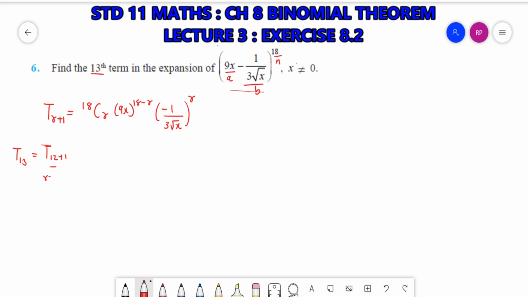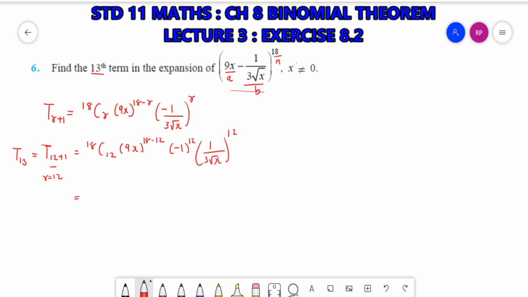So our R is equal to 12. This will be 18C12, 9x raised to 18 minus 12, minus 1 raised to 12 into 1 upon 3 root x raised to 12. I just separated the negative, minus 1, from it.